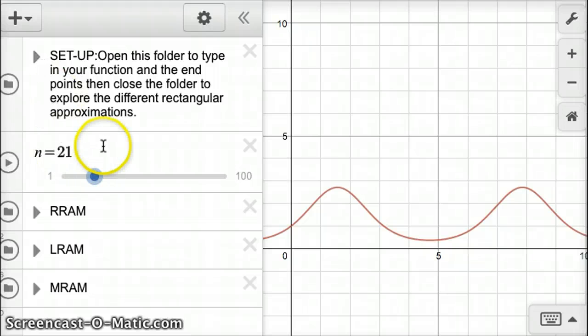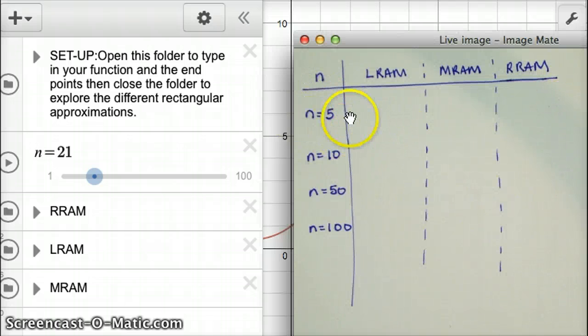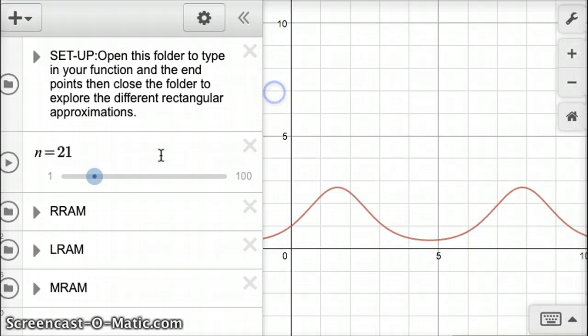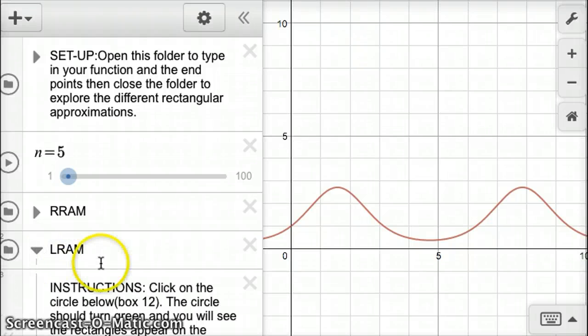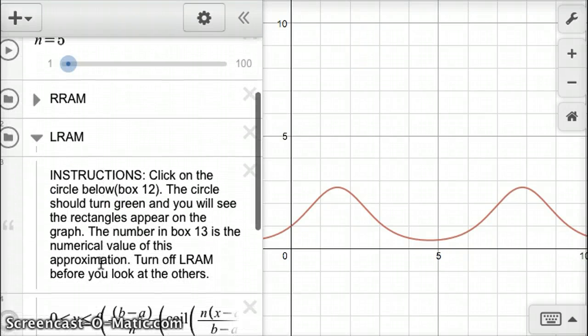Next, what we get to do is choose the number of intervals we're going to want. For the first calculation, I just want 5 intervals. So I'm going to set n to 5. And then I'm going to calculate the left-hand rectangular approximation. So I'm going to go to this folder, open it up, and follow the instructions.